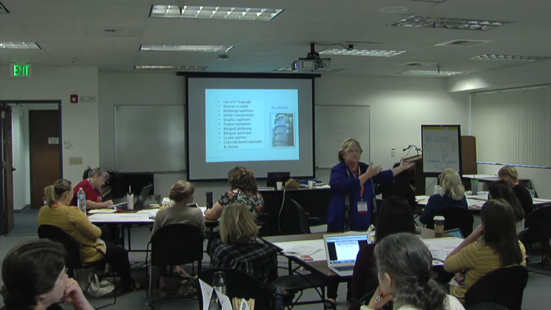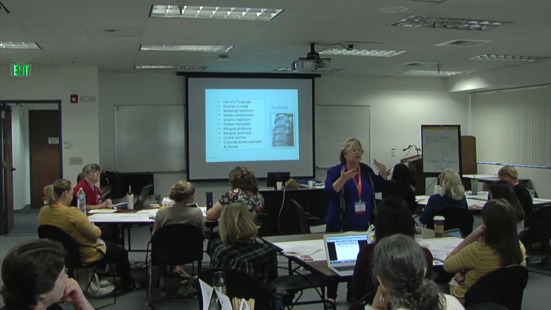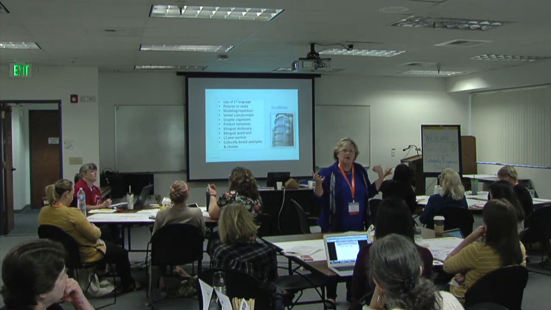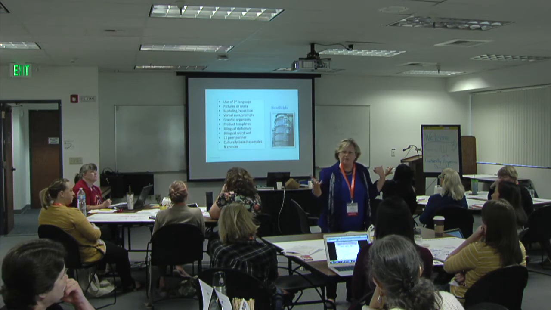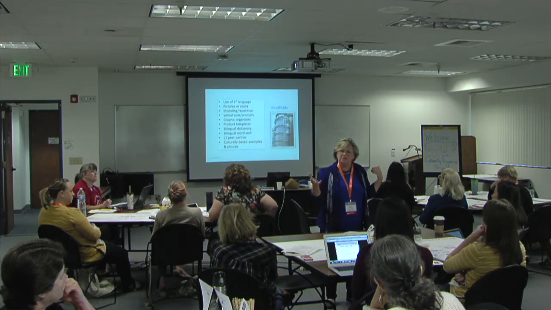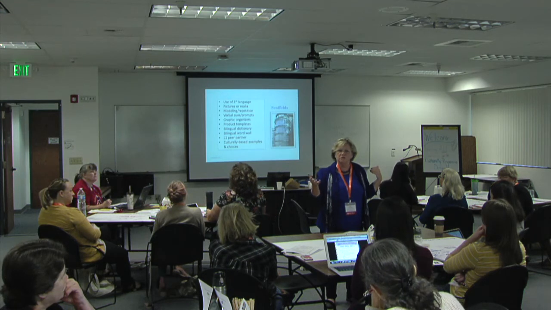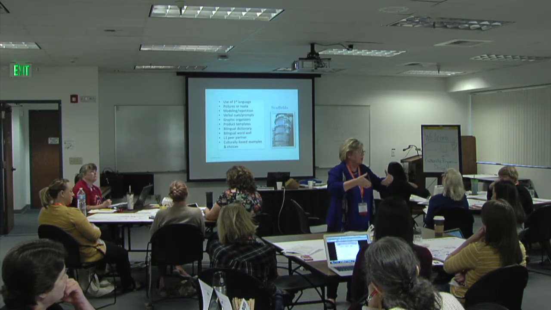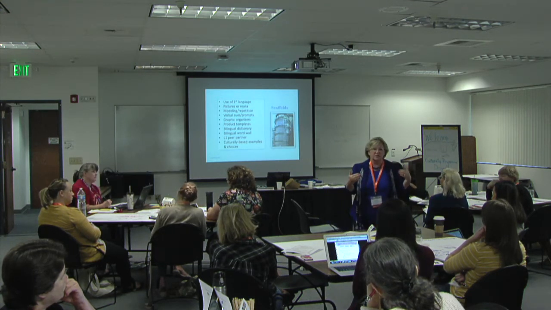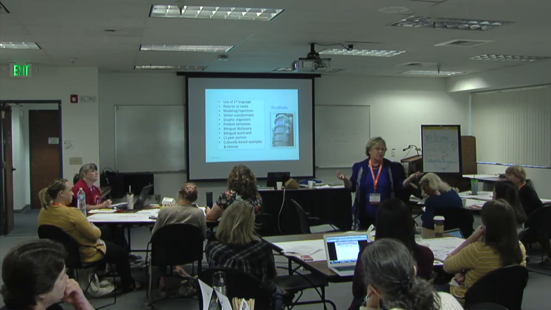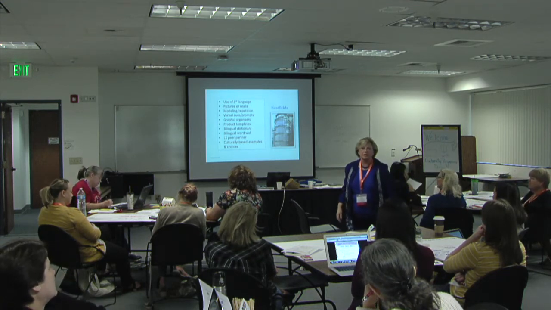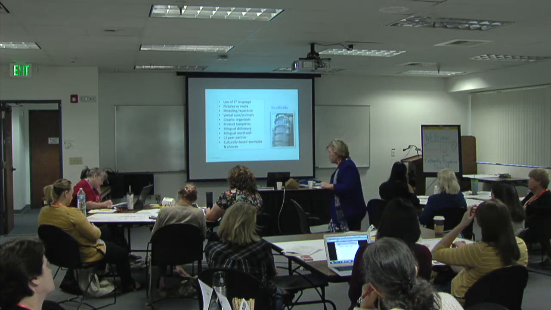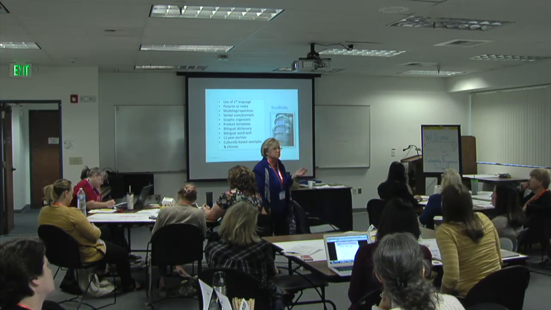Even if you're doing something about the Civil War, maybe a culturally responsive example would be, well, let's also think about what happened to the Chinese that were here during the Civil War. How did this affect them, this situation? Were they involved in it in any way? You know, so if you have a large population or a group of Chinese students in your classroom. That's sort of what I would think of. Does anybody have another example?